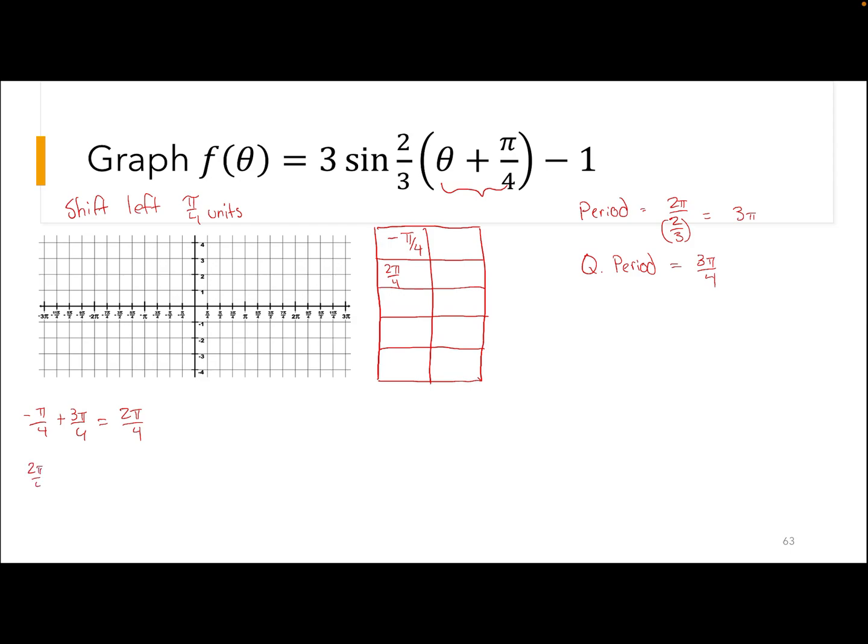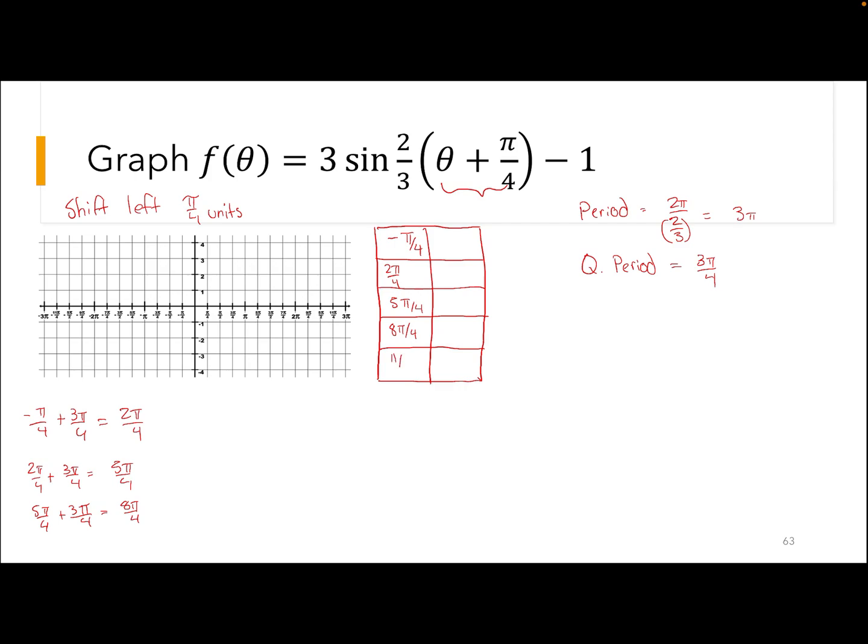So now we need to do 2 pi over 4 plus another 3 pi over 4. That's going to be 5 pi over 4. So we get 5 pi divided by 4, and then 5 pi over 4 plus 3 pi over 4 is going to be 8 pi divided by 4. So 8 pi over 4.